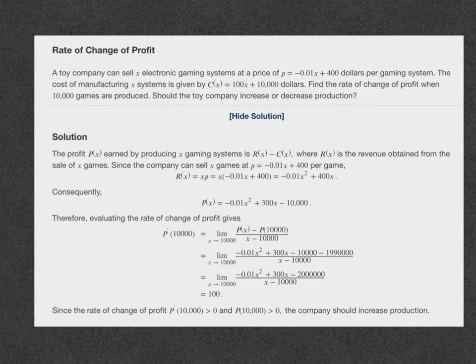So when you see the words rate of change, that means derivative, that means slope, right? That means f of a plus h minus f of a over h, or f of x minus f of a over x minus a, and then the limit.